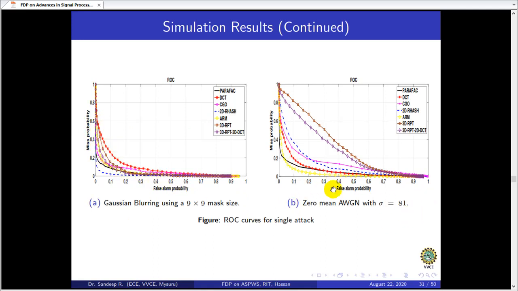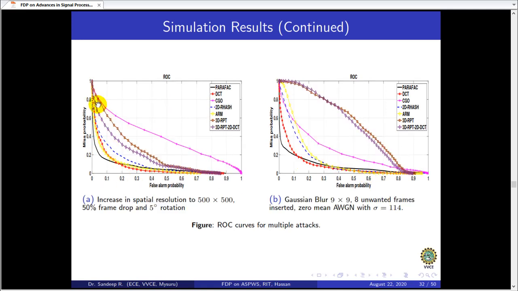For noise, you can see that it has performed very well. The previous method was poor, but this method has performed well. And for multiple attacks, it is very much similar to the state-of-the-art algorithms, and even for multiple attacks, it is better compared to the radial projection technique. So we have got one improvement over the radial projection technique.